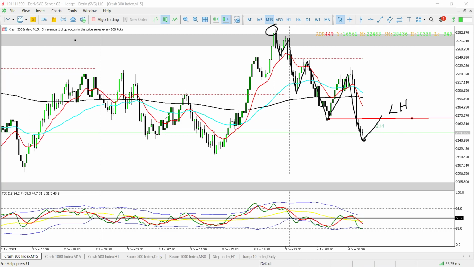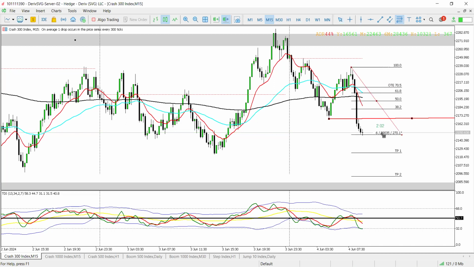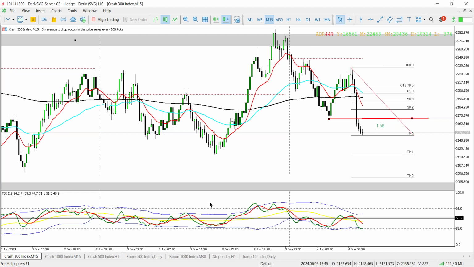So first things first is once we start to see green candles or the price retracing up, we're going to run a fib. So let's say they start retracing from the current market price, pushing back up. Our main points of interest will actually be right here from the 38.2 area, which is on this order block here, going into the 50, the 61.8, which is also within this order block here.